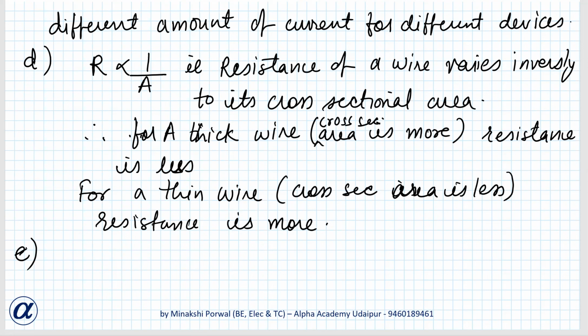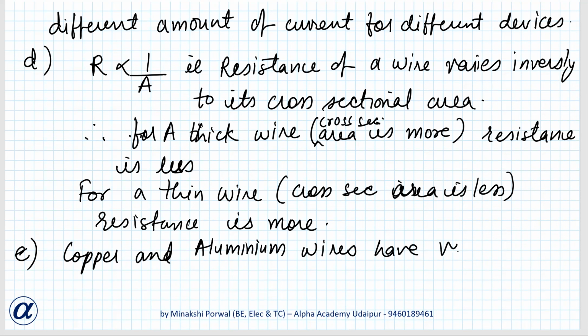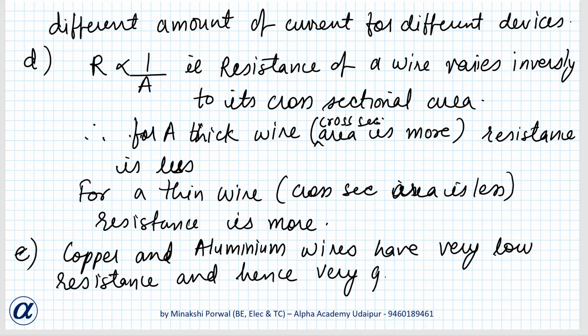If resistance is low, that means they are good conductors. Therefore, they are employed for electricity transmission.